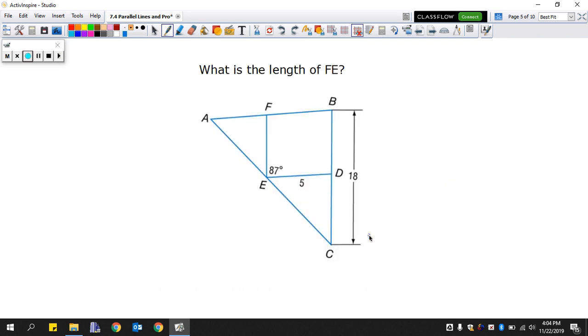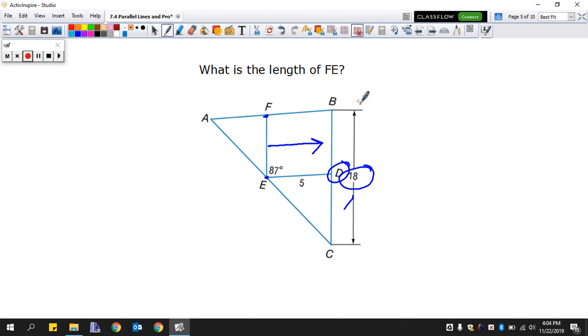All right, so the first one says, what's the length of FE? So FE is right here to right here, and it is parallel to side D. Side D is 18 units long.